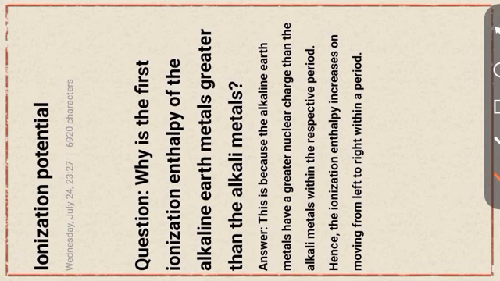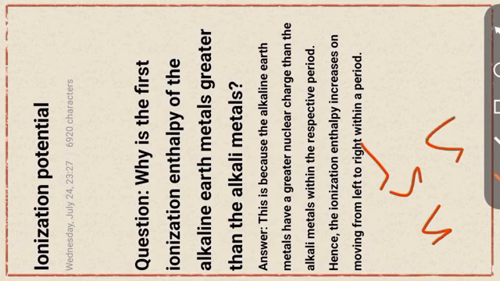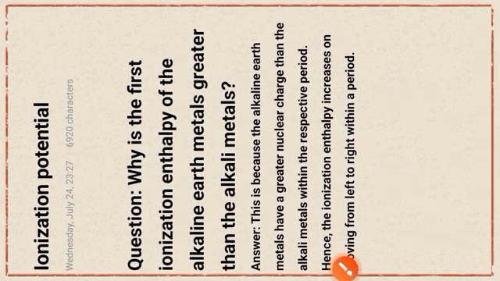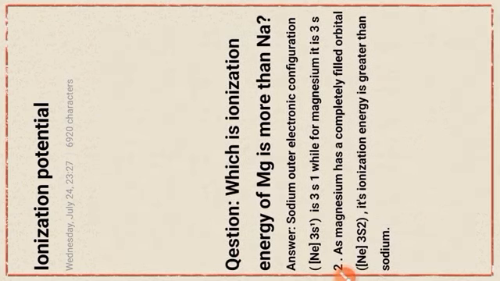The outer shell of the alkaline earth metal is s2, but the alkali metal is s1.